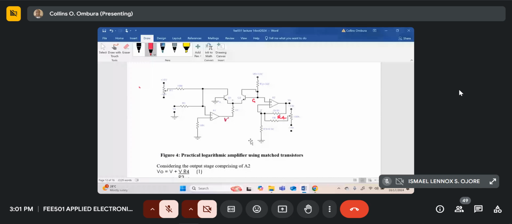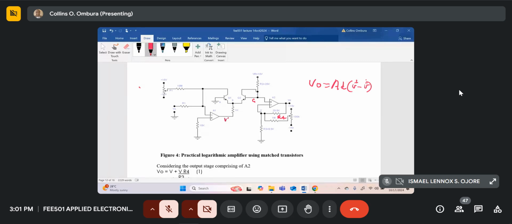Because the output voltage of an op-amp, say V0, in general is given by the gain times the difference between the signal at the non-inverting input minus the inverting input. Let me put it here. V0 for a general op-amp is given by A times (V plus minus V minus), the difference between the two input voltages.